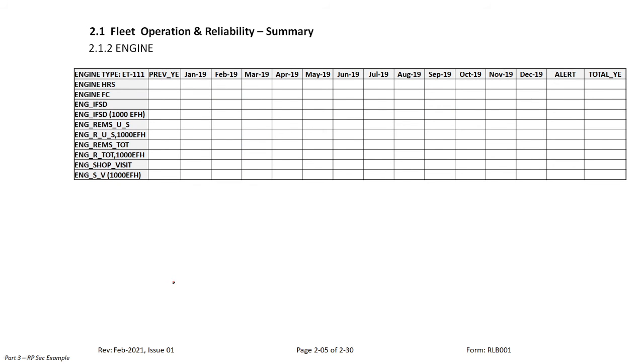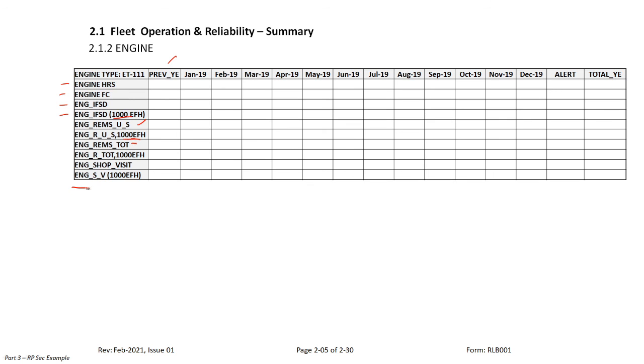I'm just showing here the first version: reporting year against previous year. In the rows we have engine hours, engine flight cycles, engine in-flight shutdown, engine in-flight shutdown rate, in our case again per 1000 engine flight hours, engine unscheduled removal numbers, engine unscheduled removal rates, again per 1000 engine flight hours, engine total removal rates, engine shop visit rate.